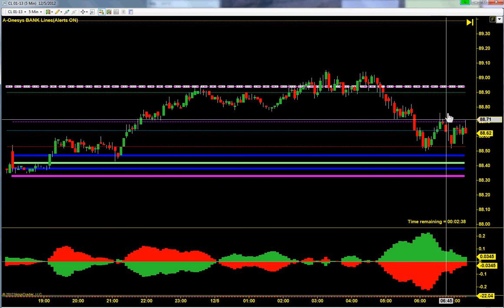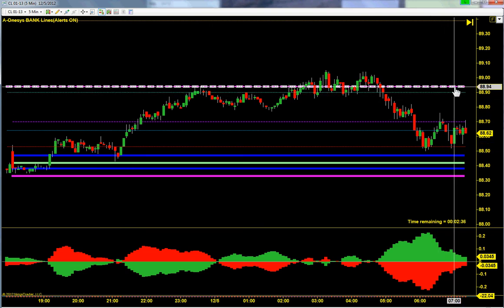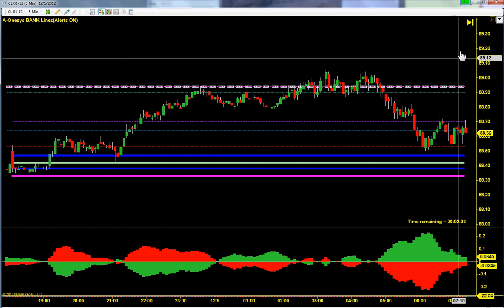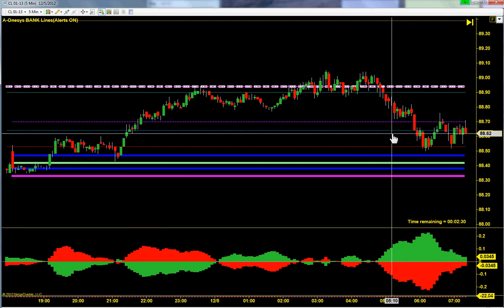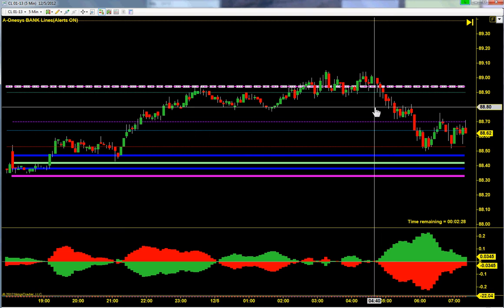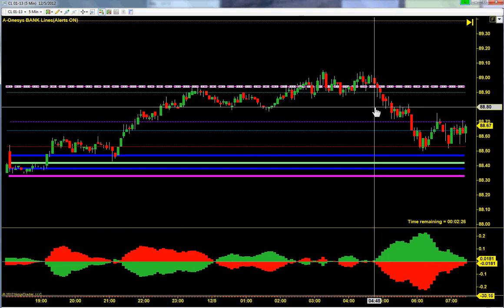Okay, now let's see what's happening. Here, if you see, the bullish candles are more powerful than the bearish candles.